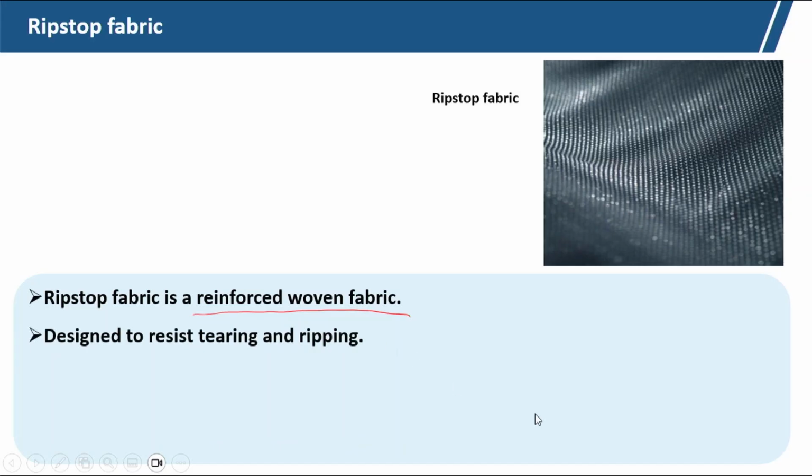The name Ripstop comes from stopping the rip, rip meaning tearing. So, it is designed to resist tearing and ripping out. If we try to tear or rip the fabric, it will stop, and this is stopped by the reinforced yarn.